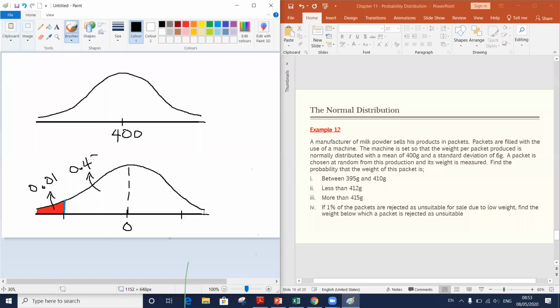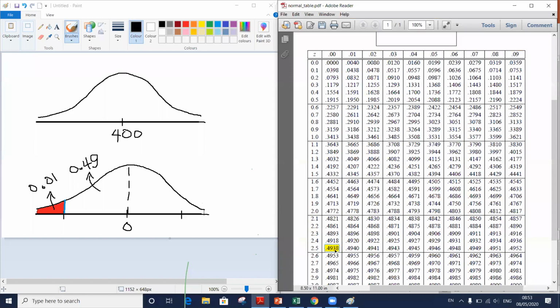Now we can make use of the z table to find the relevant z value here.